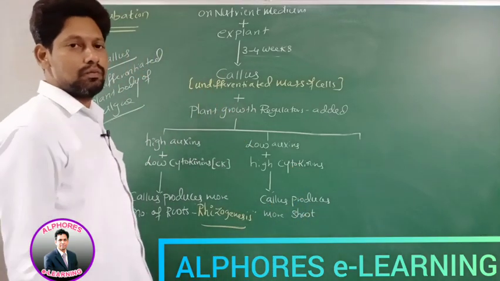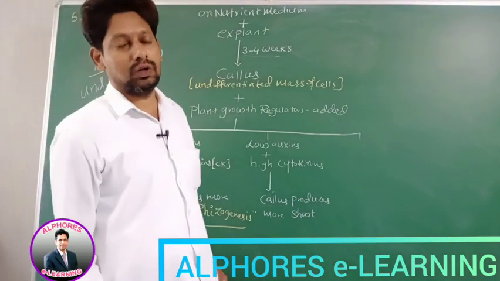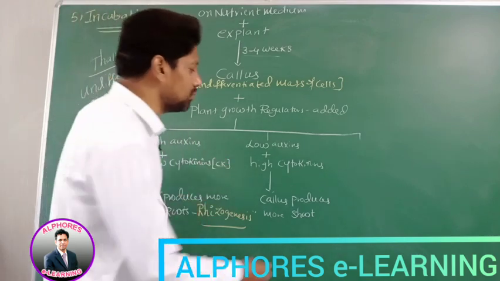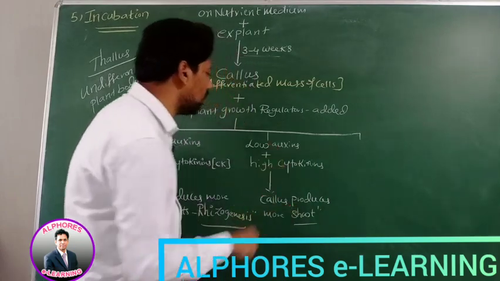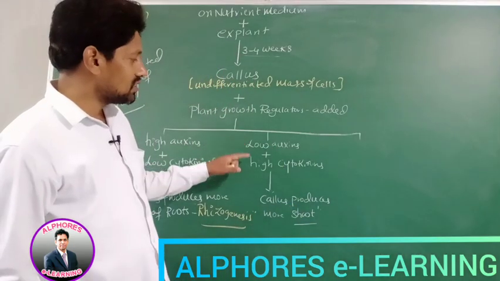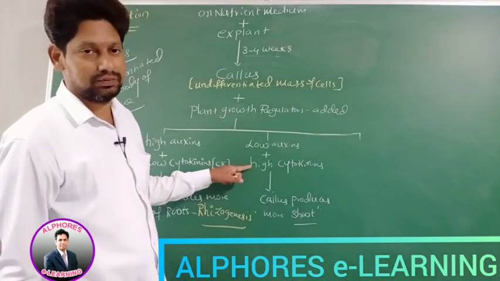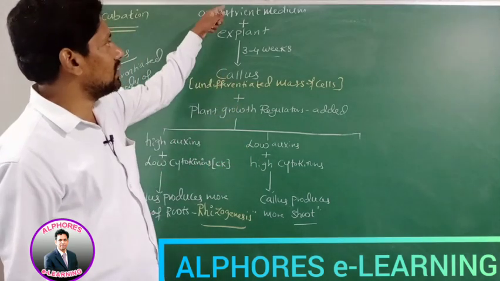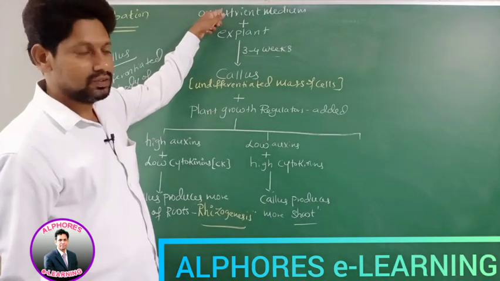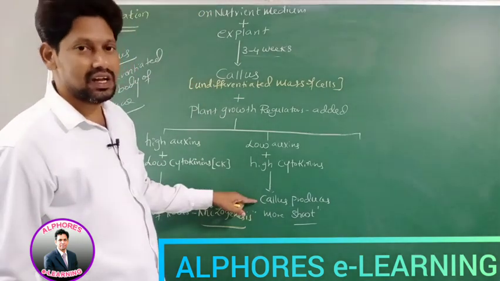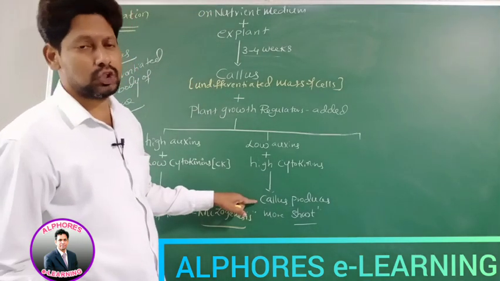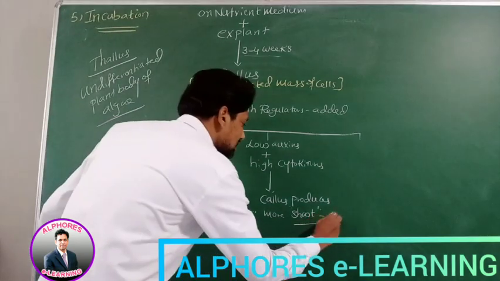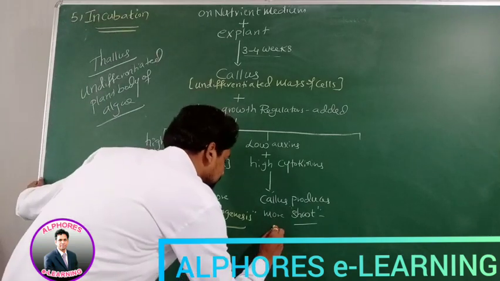It means growth of shoot will be more. When will growth of shoot be more? If low auxins and high cytokinins are added to the nutrient medium. Then callus produces more shoots. What is this called? This is called caulogenesis.